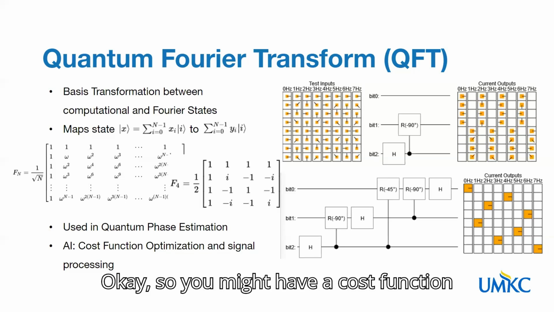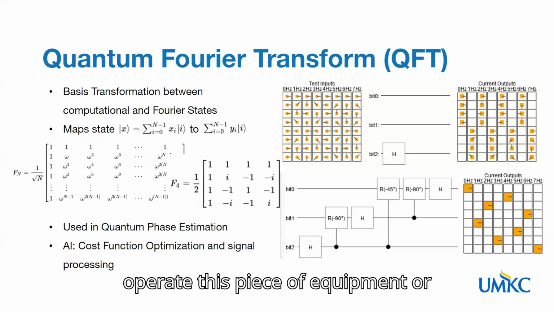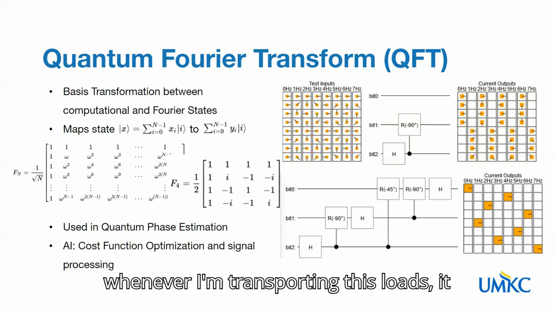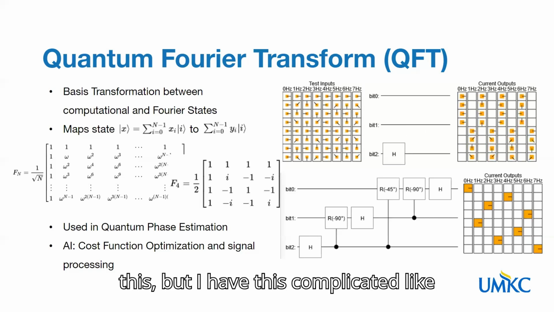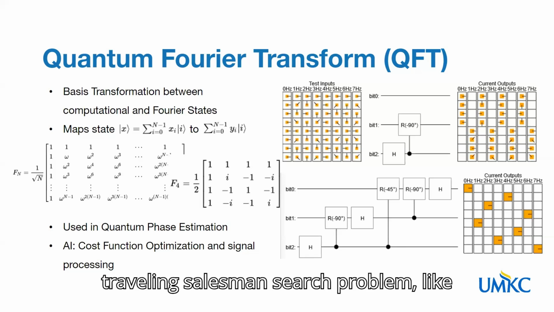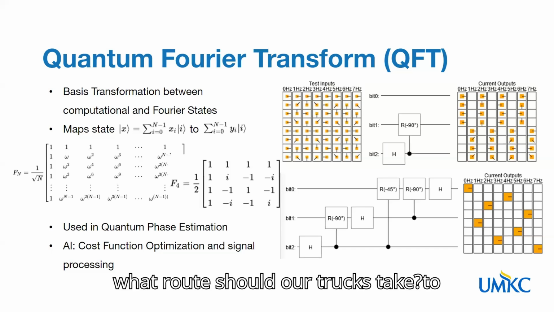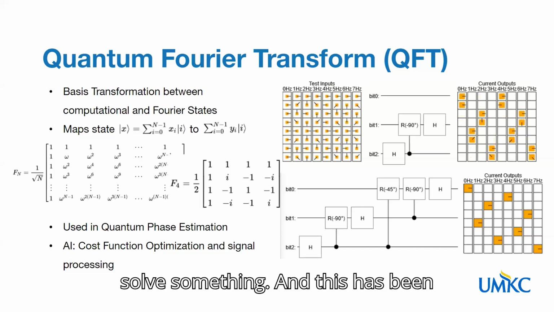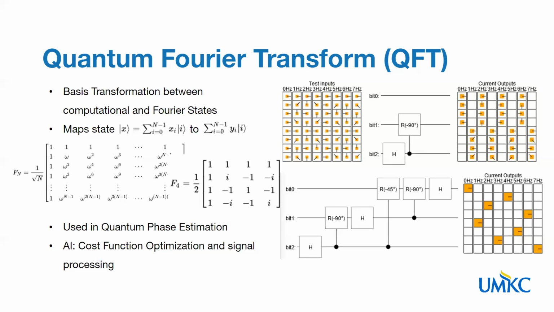So you might have a cost function: during these periods when I operate this piece of equipment, or whenever I'm transporting these loads, it costs this much, and in this period it costs this. But I have this complicated traveling salesman search problem, like in logistics: what route should our trucks take? And this has usually been an NP-hard problem.